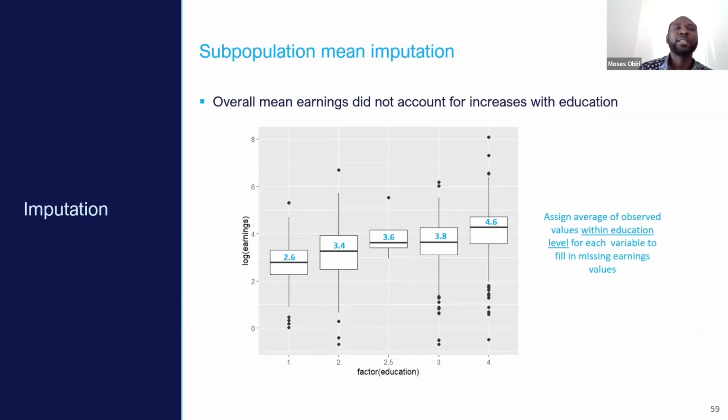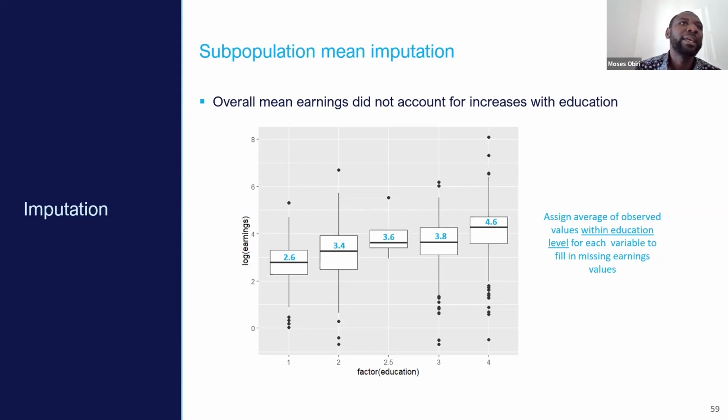At times, using the overall mean may lead to results which are not accurate. For example, this happens if the variable that you are trying to impute missing values for has a relation with another variable in your data set.